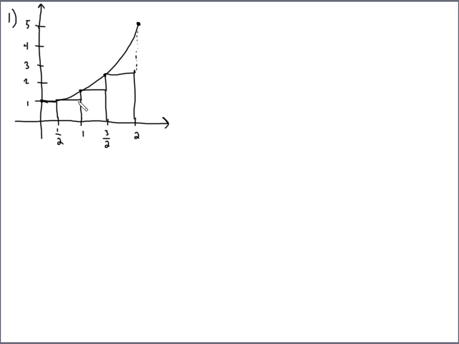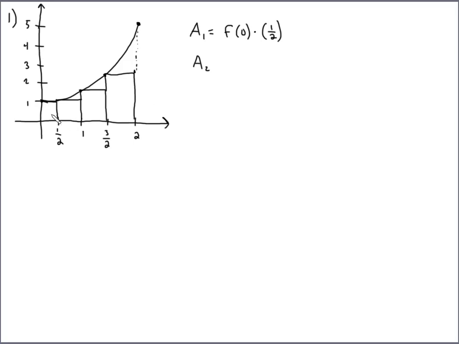Alright, so that first area, it's a rectangle. All of these have width 1/2, every single one of them. So the first area is its height, which is f of 0, sorry, since it's the left endpoint, f of 0 times the width, which is 1/2. The height of the rectangle is the output at 0, and the width is 1/2.